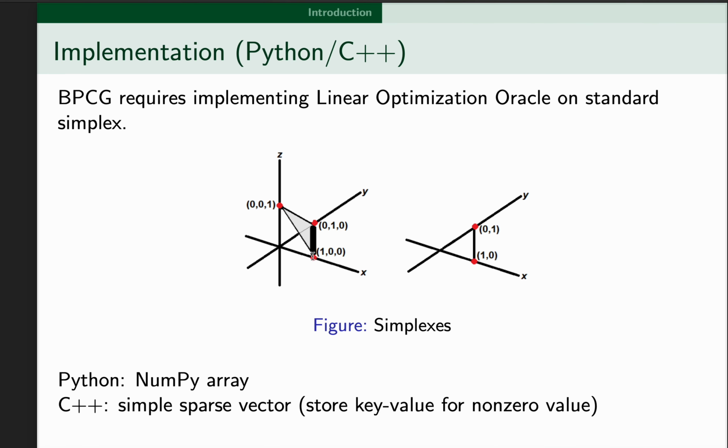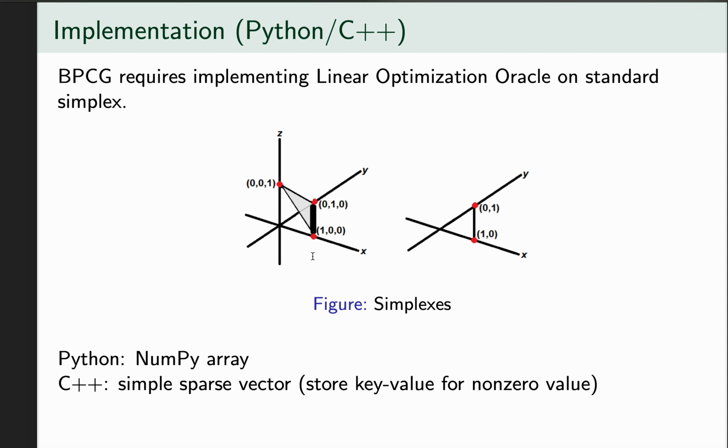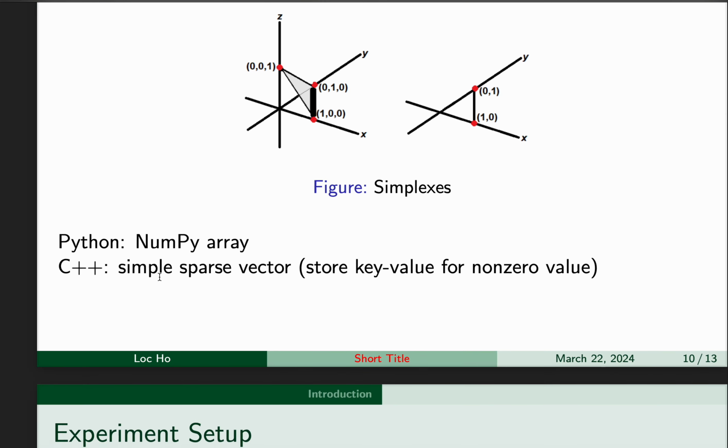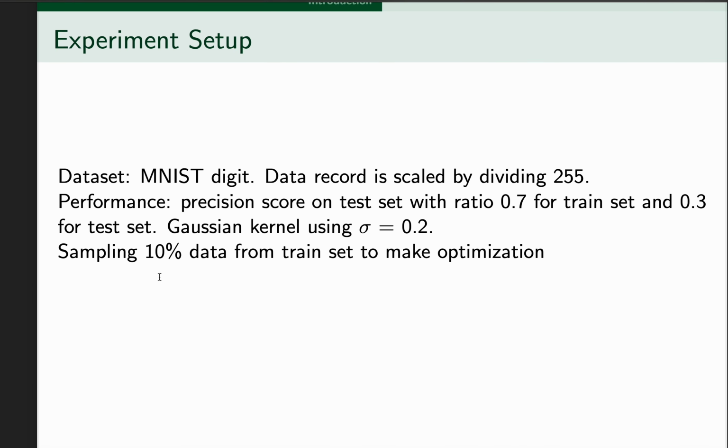To implement this algorithm, I use Python and C++. C++ has the convenience of large sparse vectors. It stores key values for only non-zero values for faster computation. To test the SVMs, we use the MNIST dataset. Every data record is scaled by dividing by 255.